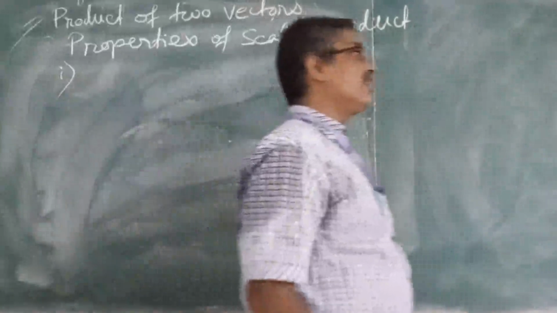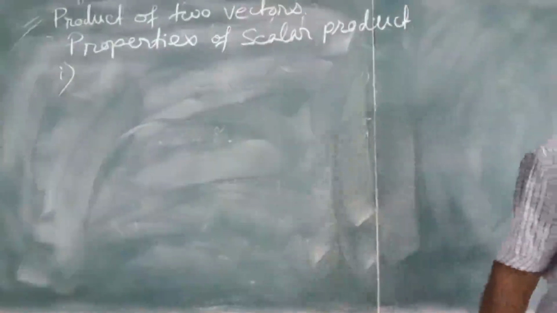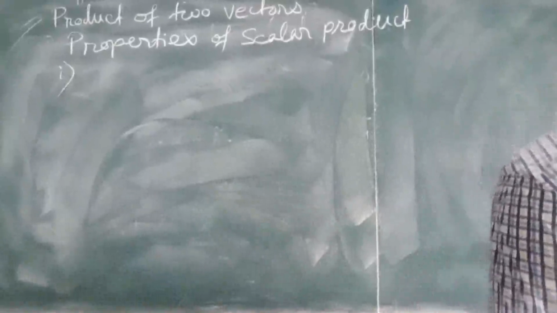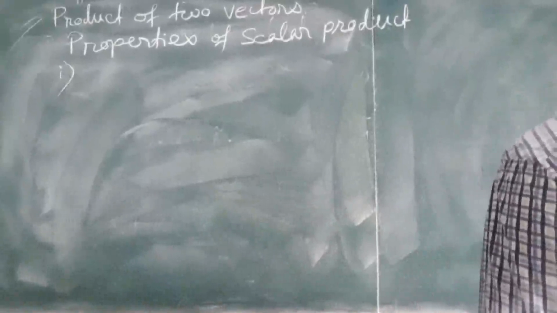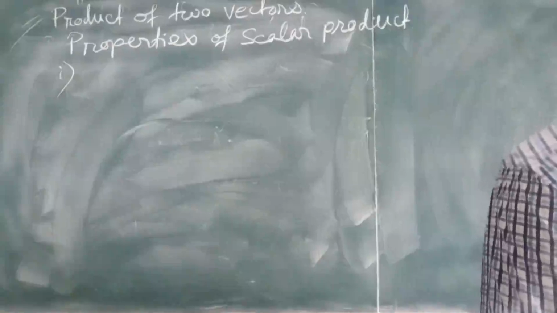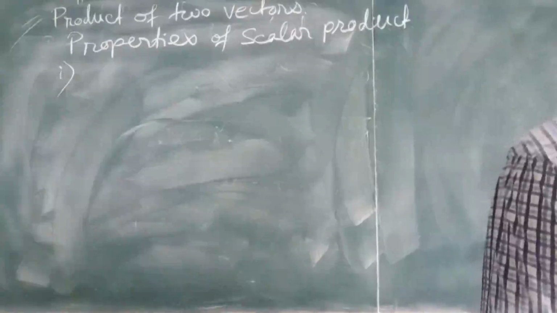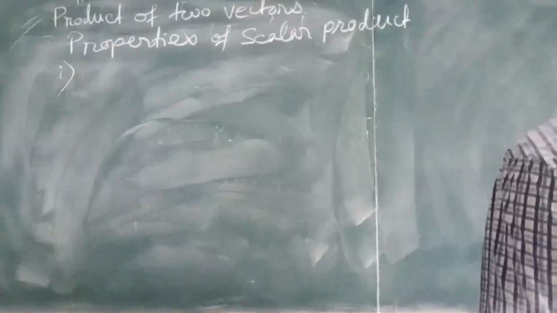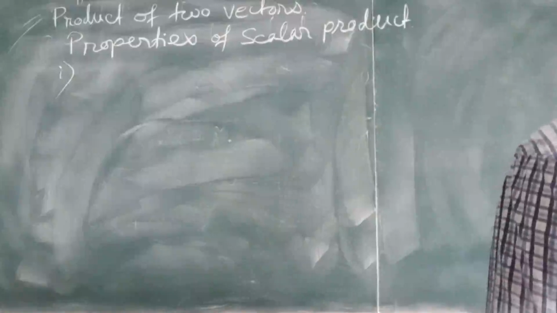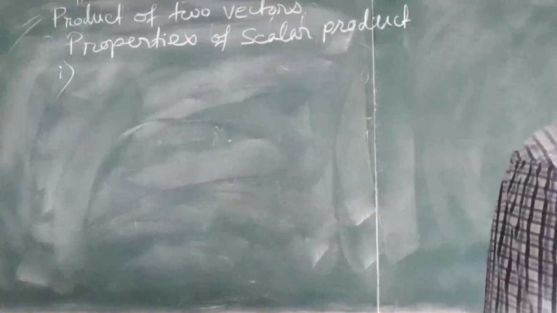Scalar product of two vectors obeys the commutative law. C-O-M-M-U-T-A-T-I-V-E. Commutative law.